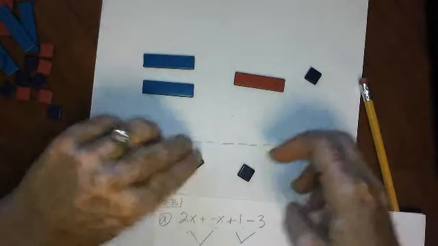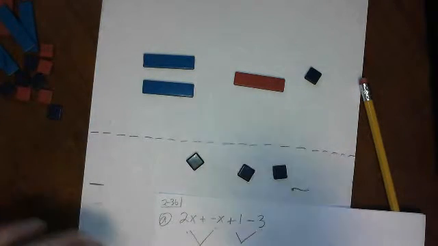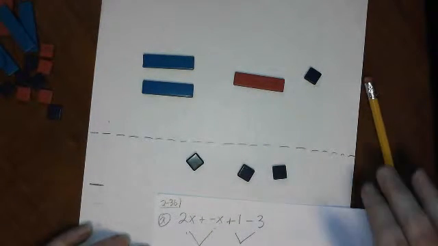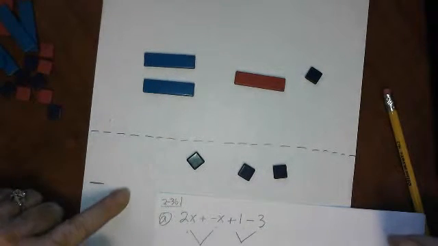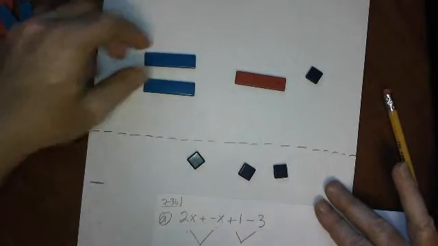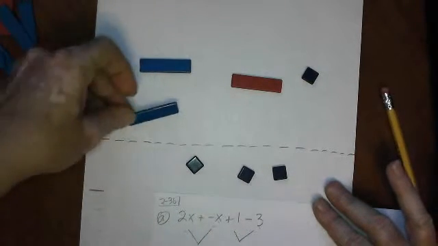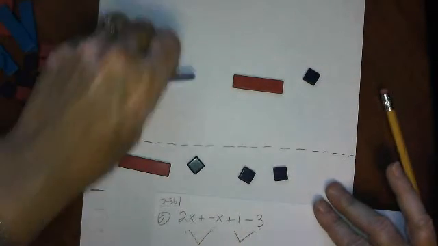I did have it like this, but who's to say that I'm not allowed to, maybe I can flip these two down here. It's okay, it's not disobeying the rules. I can just move these down here and do it like that.